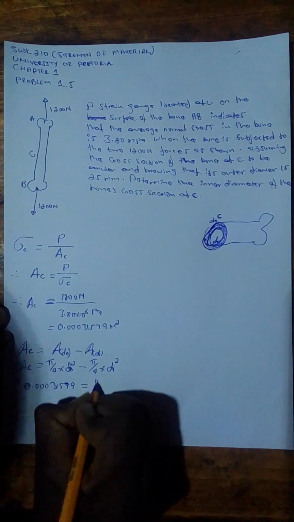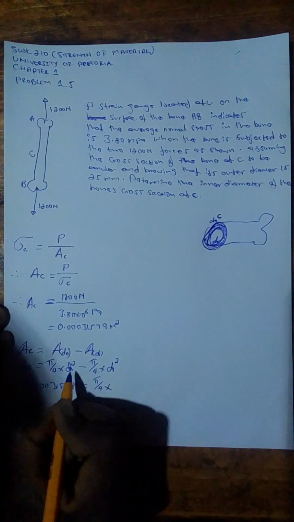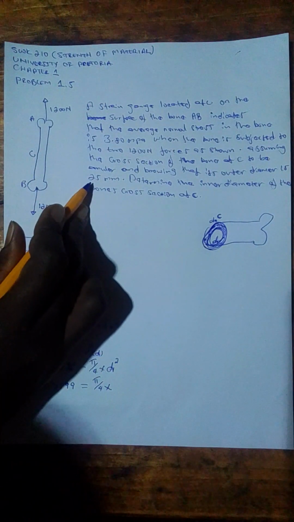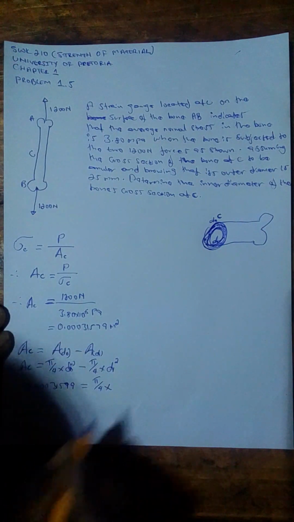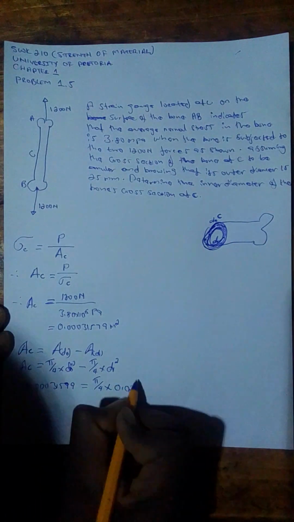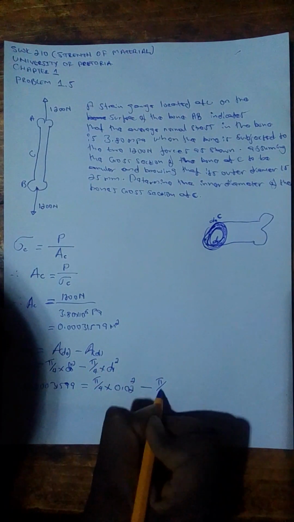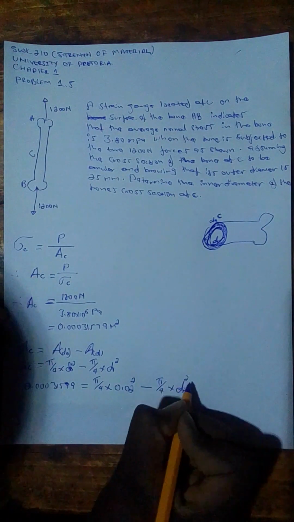Is equal to pi over 4 multiplied by our outside diameter, which is 25 millimeters. Now, if you convert it to meters for consistency, it's going to be 0.025 meters, right, squared. Now minus our pi over 4 multiplied by our internal diameter squared.